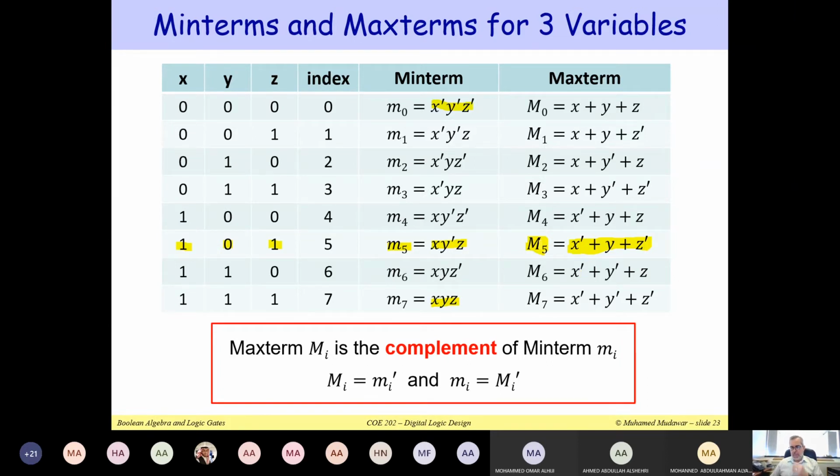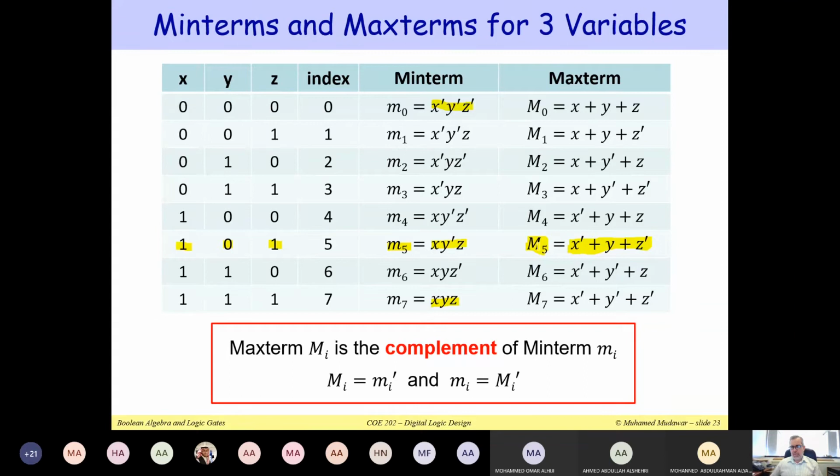So the max term will be 0 if x, y, z is equal to 1, 0, 1. For this combination 1, 0, 1, the max term capital M sub 5 will be equal to 0. If x is equal to 1, x prime will be 0, y equal to 0. If z is equal to 1, z prime will be equal to 0.